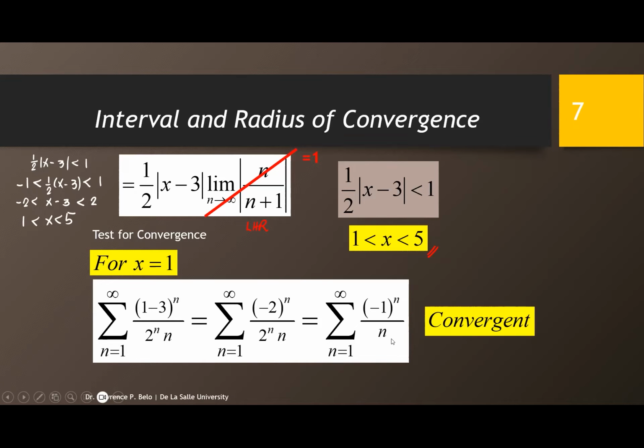Now, if I ask you guys, why is this convergent? Because of this. When n is equal to 1, what's the answer? The answer is -1. This is a series, so plus. When n is equal to 2, what's the answer? 1/2, right? When n is equal to 3, positive 1/4, -1/5, positive 1/6, and so on. Am I correct?